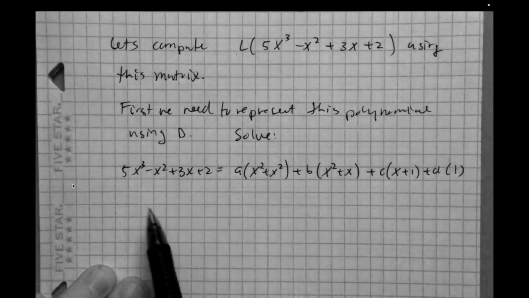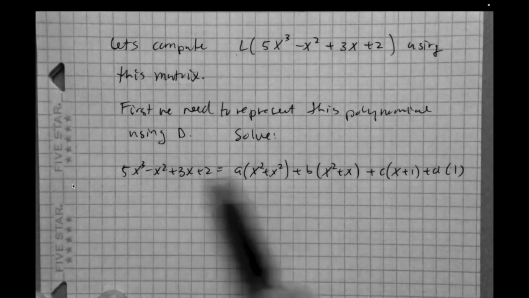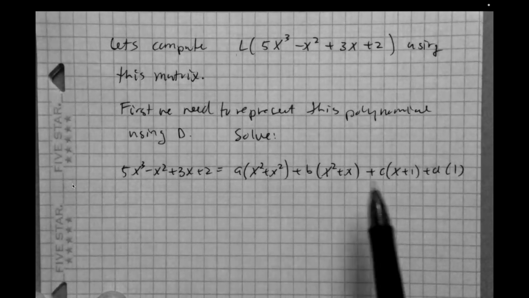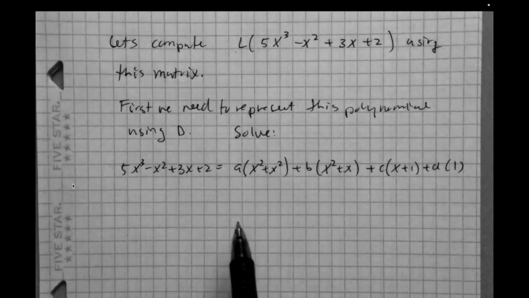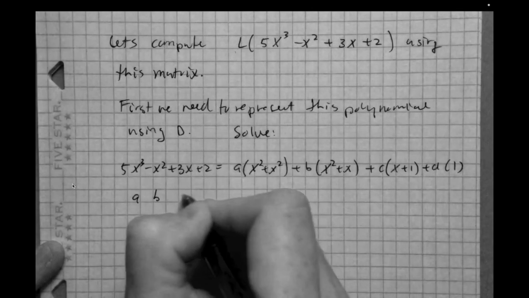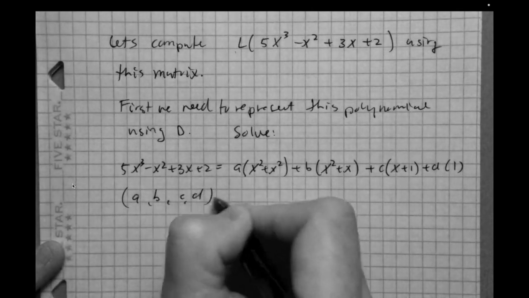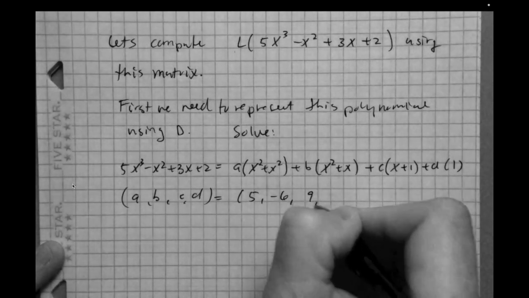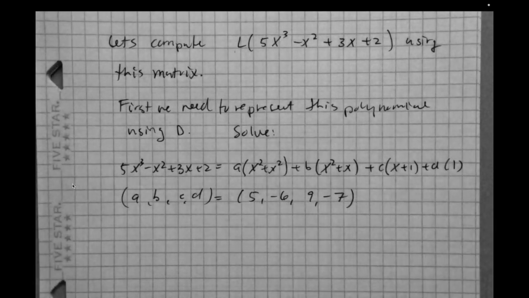This is just basically a system that you have to solve, and when you do that, you get (a, b, c, d) equals (5, -6, 9, -7), right? And definitely go back and double check that, but that's what you get.